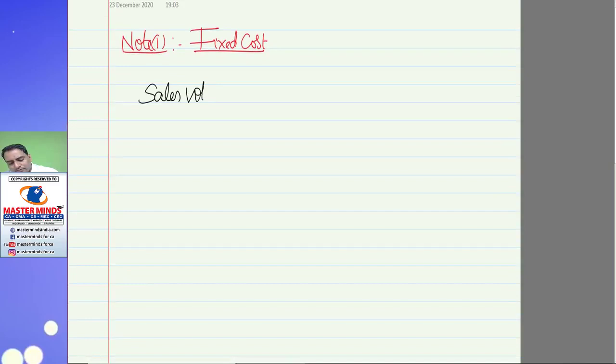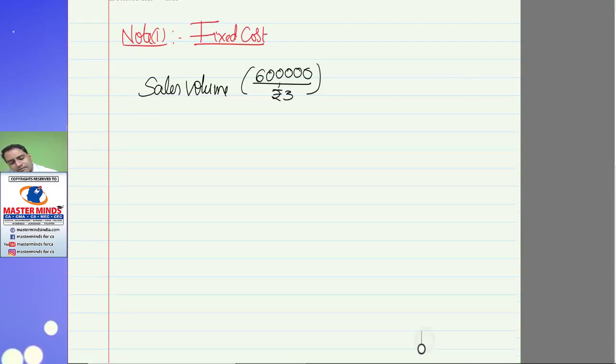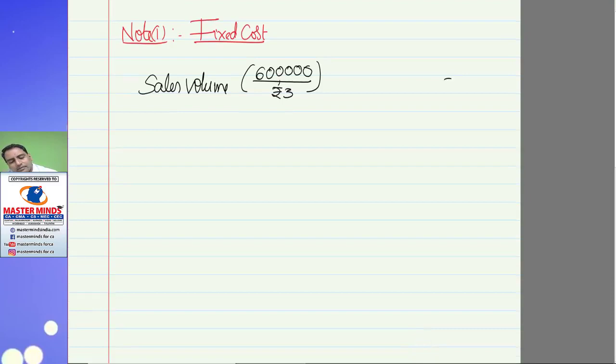Sales volume: 6 lakhs total sales, selling price per unit 3, 6 lakhs divided by 3, so the trader is selling 2 lakh units. Total cost is 2.25, consisting of variable plus fixed.